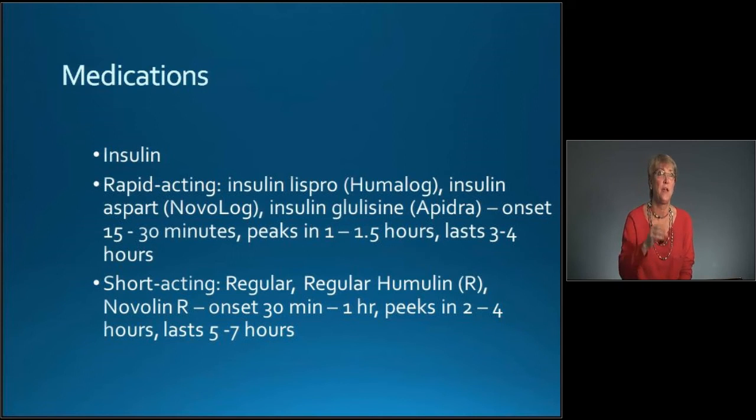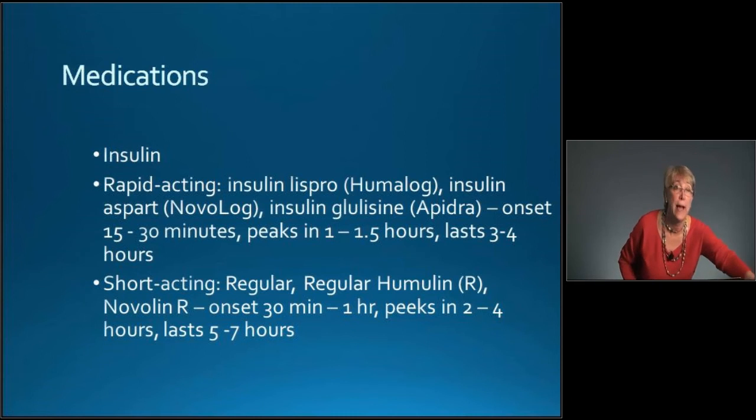So insulin, think of rapid acting. We're going to go with insulin Lispro or Humalog, insulin Aspart, Novolog, insulin glulisine or Apidra. Don't see that much, but occasionally. Onset 15 to 30 minutes, peaks in 1 to 1.5 hours, lasts 3 to 4 hours.